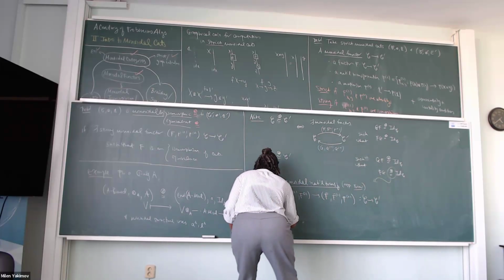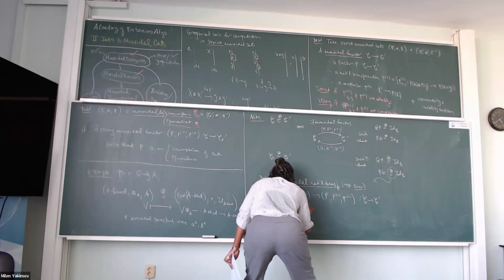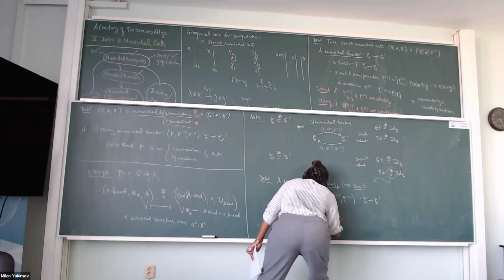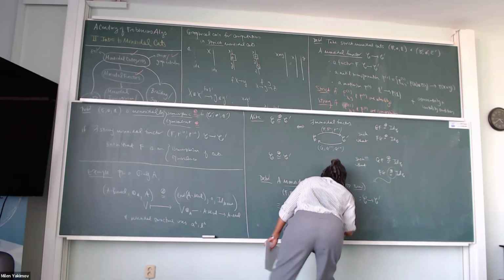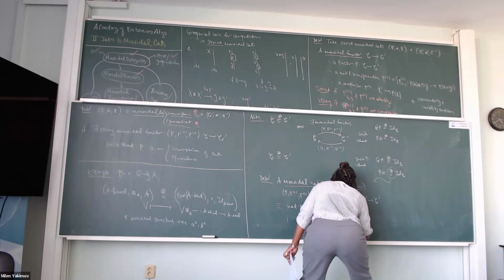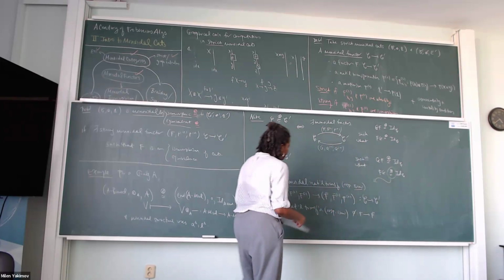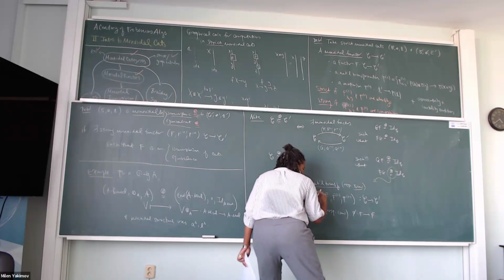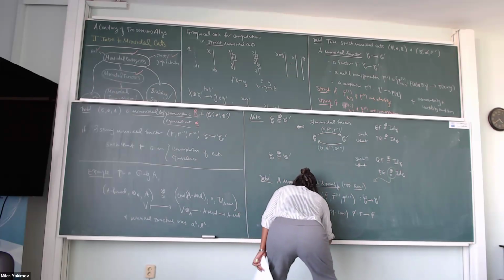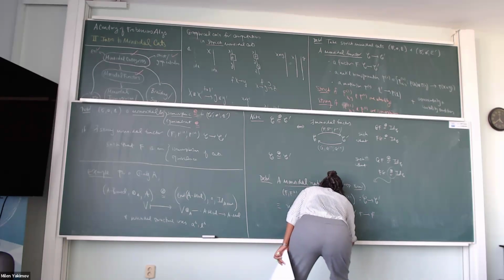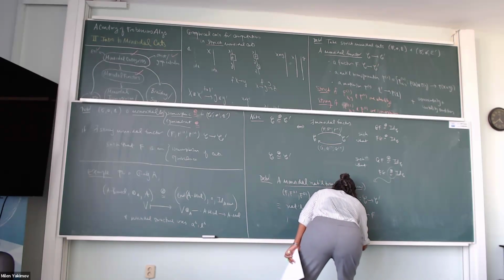So this is a natural transformation, respectively isomorphism, going from the underlying functors F to F tilde, but they have to respect the monoidal structure. I'm not going to draw the diagrams, but I'm just going to say respecting monoidal structure.